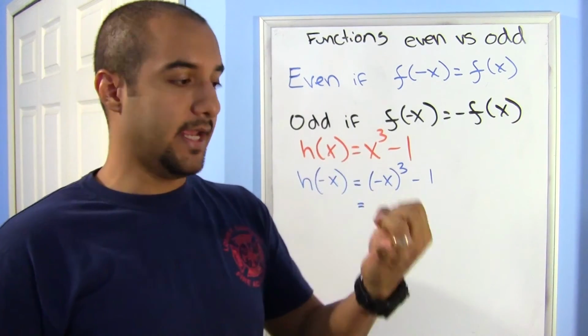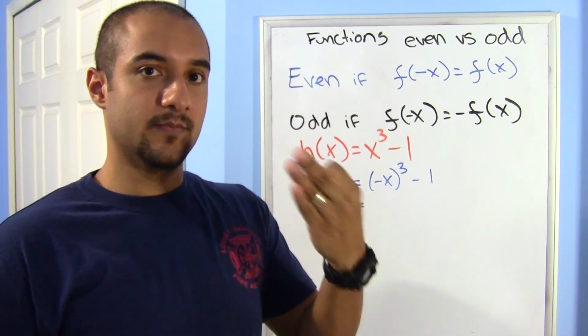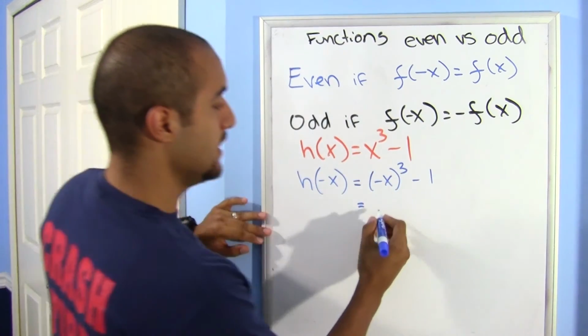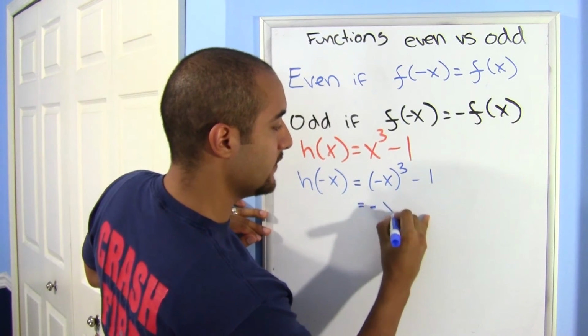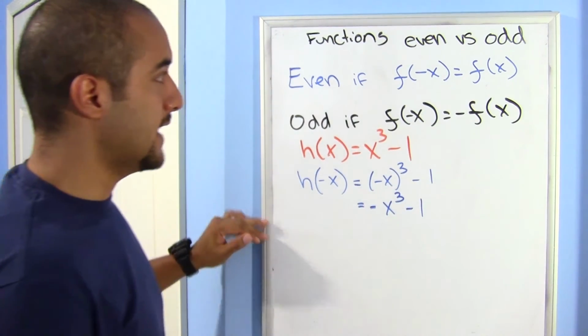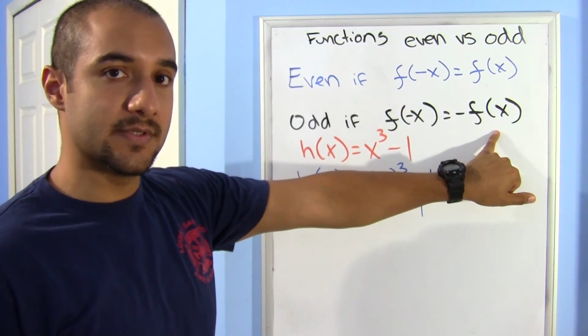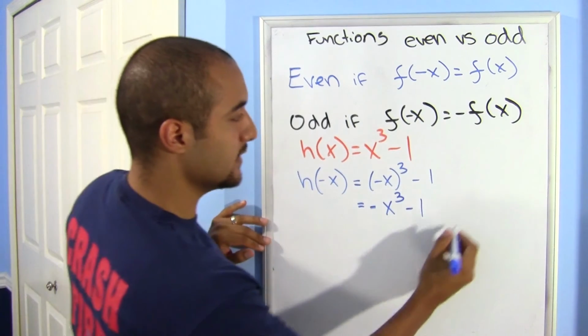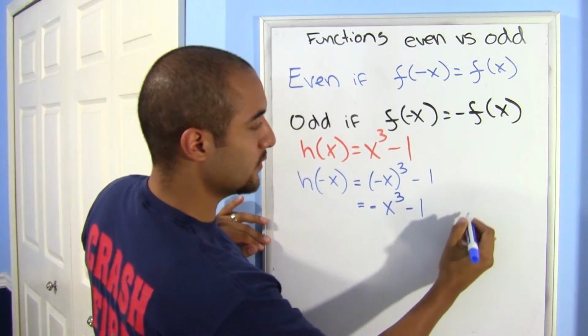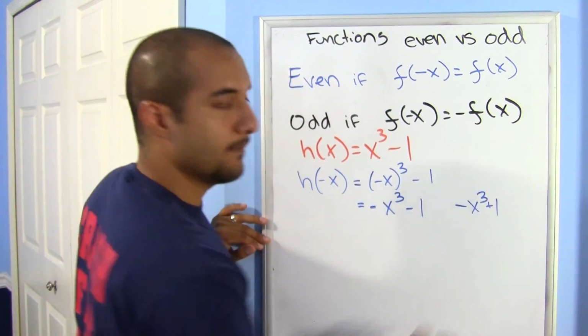Because a negative times a negative is positive, and a positive times a negative is going to be negative no matter what. So here you actually get negative x cubed minus 1. Notice that this is neither the original nor the complete opposite of h of x, because the complete opposite would look like this: negative x to the third plus 1.